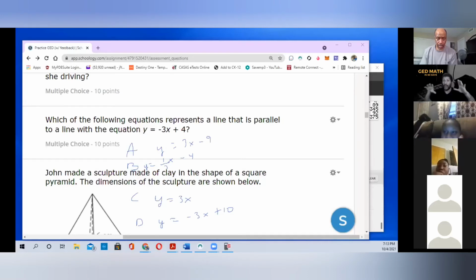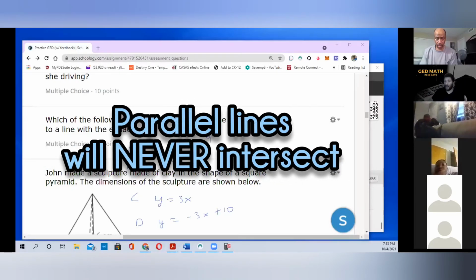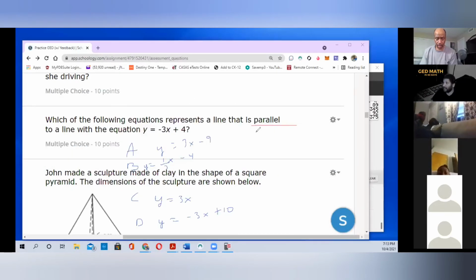Okay, I'm gonna let you know. So now this is what you make sure you write down. This is very important. Parallel lines are two lines that will never cross. Parallel lines are two lines that will never intersect. I didn't say sometimes, I didn't say eventually.